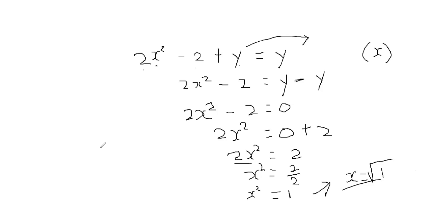If you don't understand something, let me know so I can go through it again. All right, no problem. Going from the top, we have 2x squared minus 2 plus y equals y.